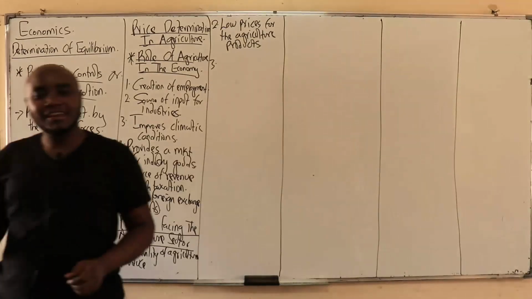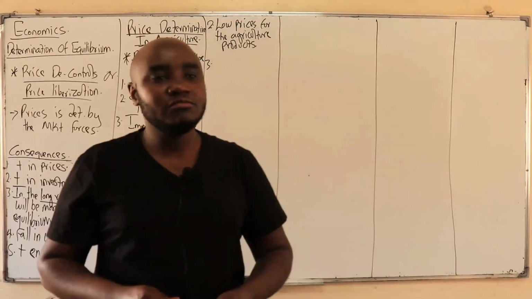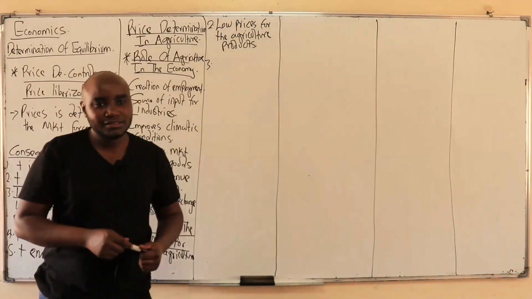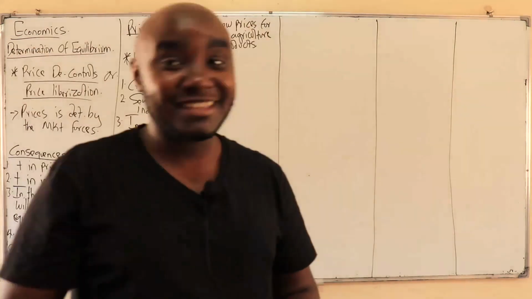Number two, you have the low prices for agriculture products. Sometimes I usually pity these people from Nyahururu. I'm not from that place, but I pity them.